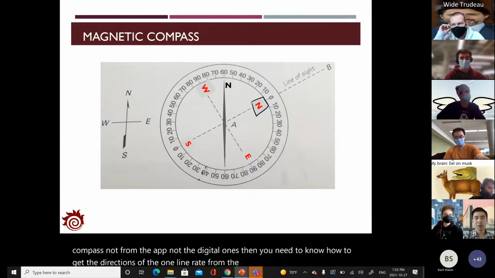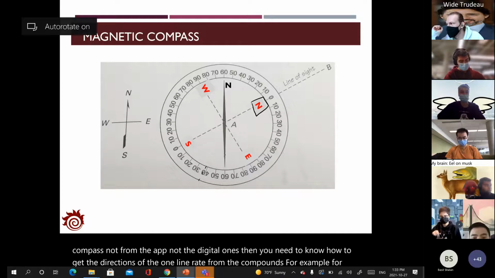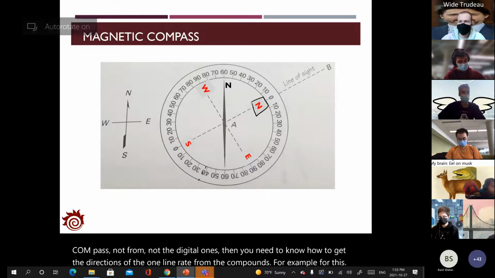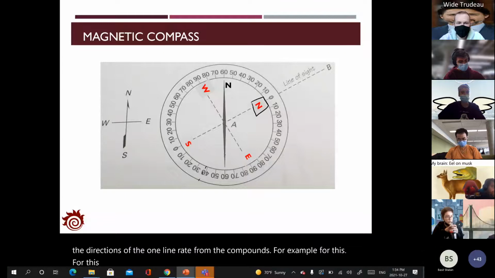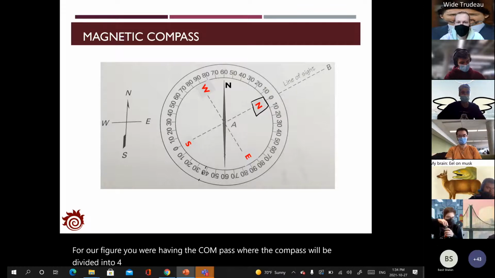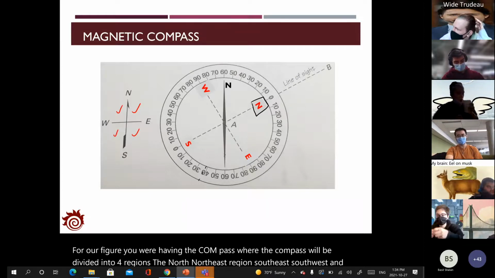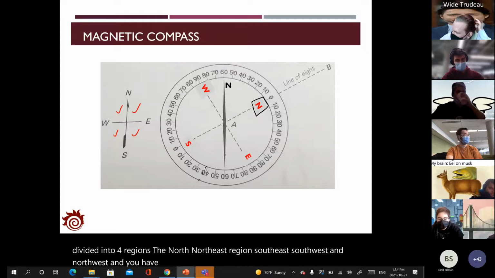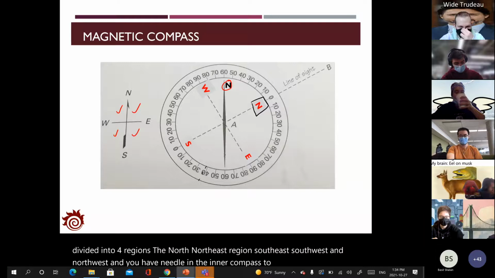For example, for this figure, you will have the compass divided into 4 regions: the northeast region, southeast, southwest, and northwest. And you have a needle in the compass to direct to the magnetic north.